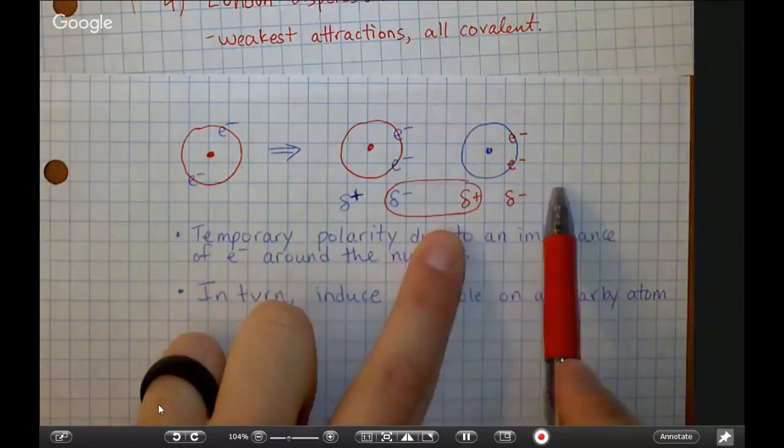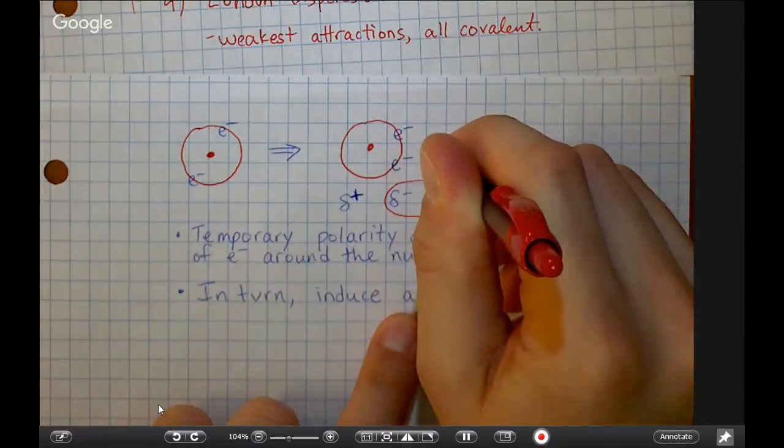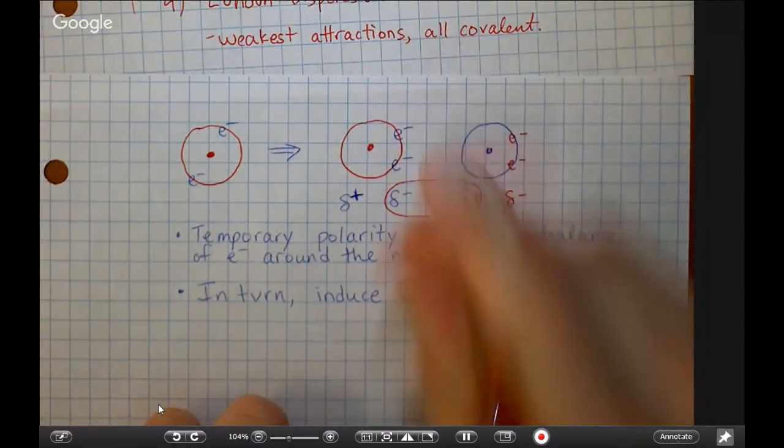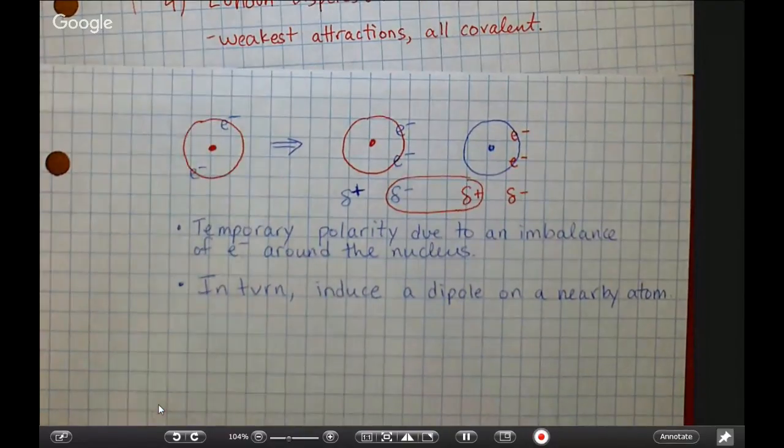And so they kind of line up that way, and so we get this negative and positive type of relationship. Bearing in mind, though, again, it is temporary. So it is the weakest of our attractions so far. All covalent molecules have them, but it is the weakest.